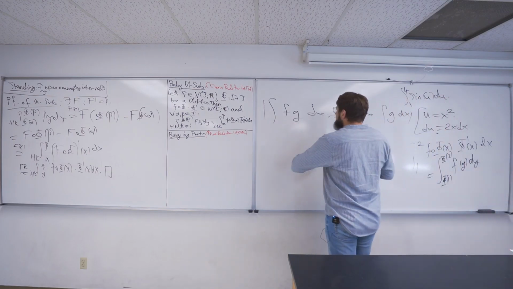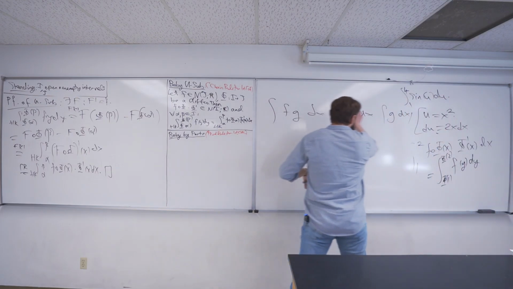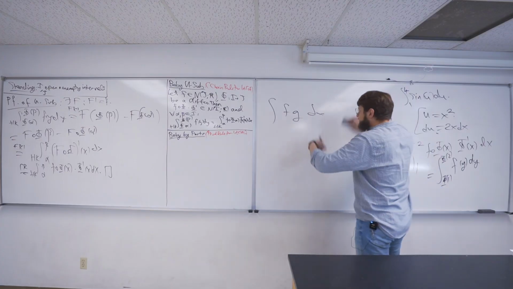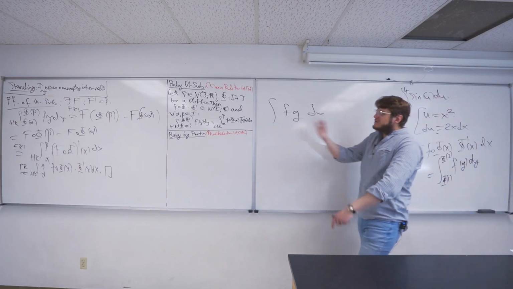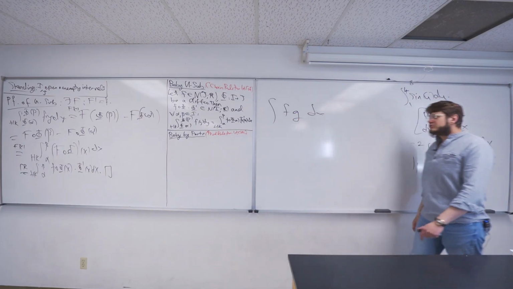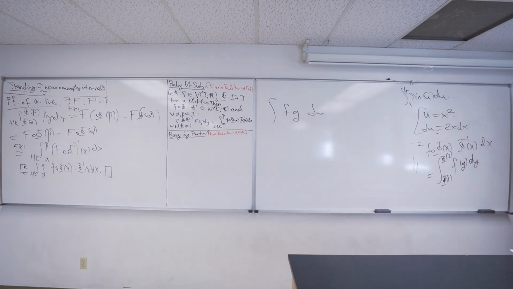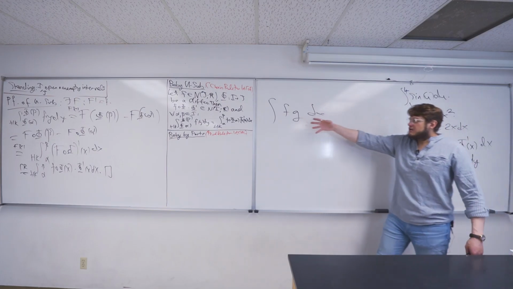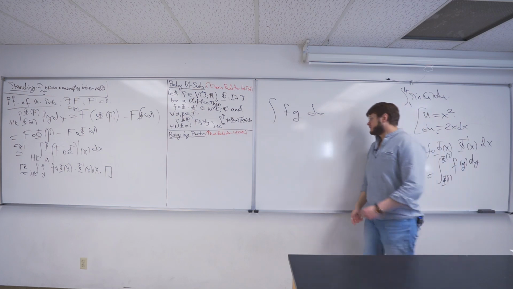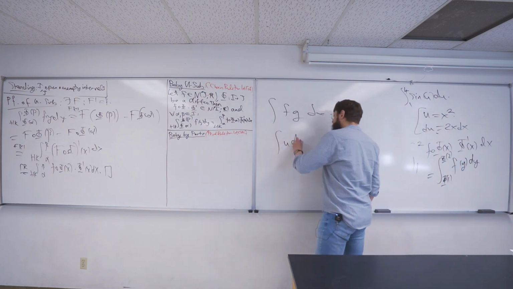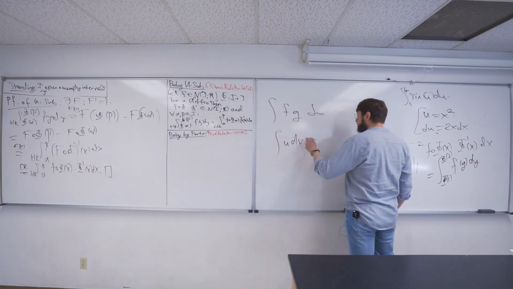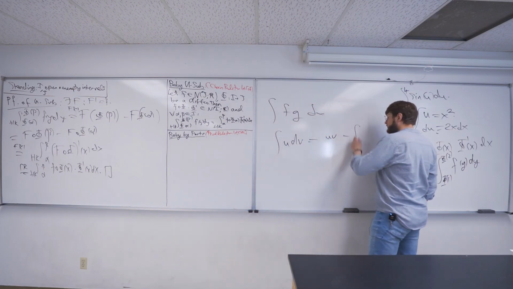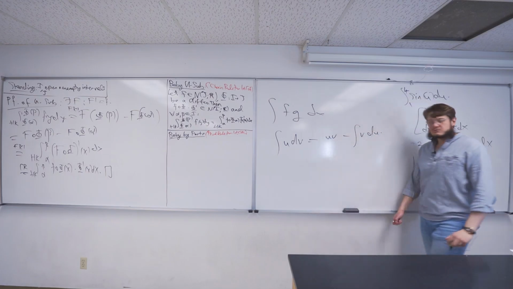And because you don't have something like this, you still would like to be able to integrate something like this. At large, you cannot necessarily do this, but by parts tells you that if one of these is Newton integrable, then you can say things. If one of these functions were of dv form, let's say, in the Calc 1 notation, the integral equals uv minus the integral of v du.